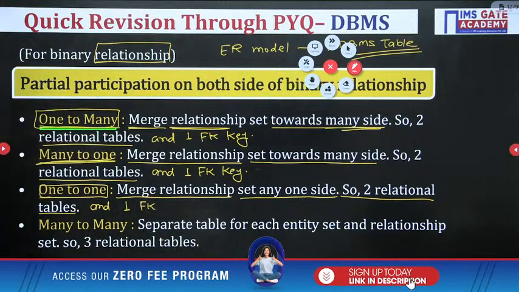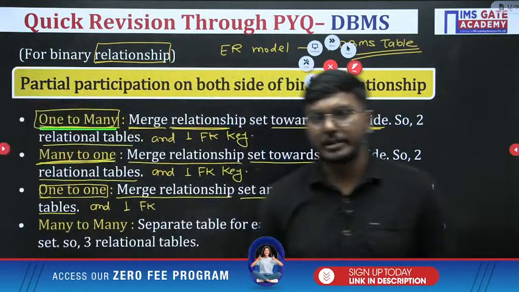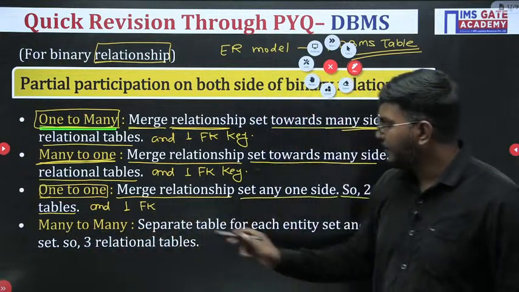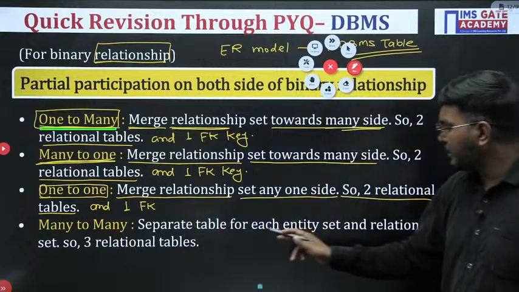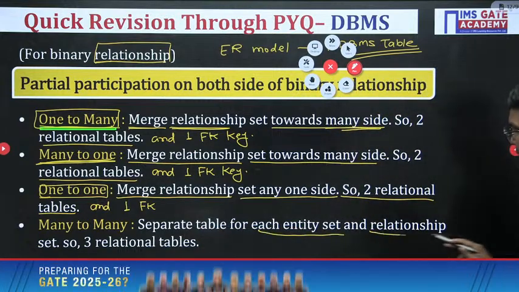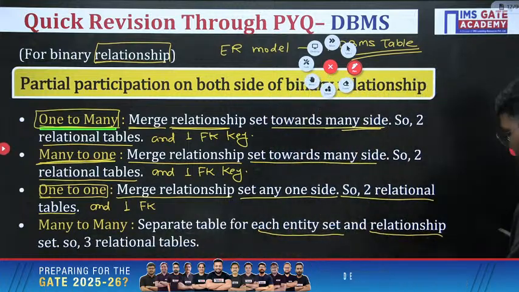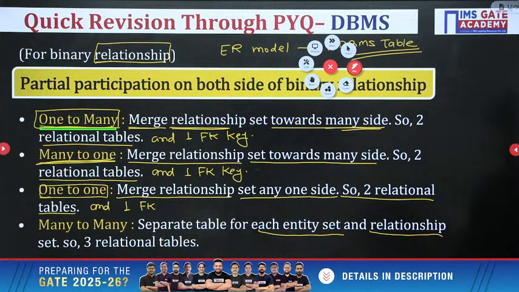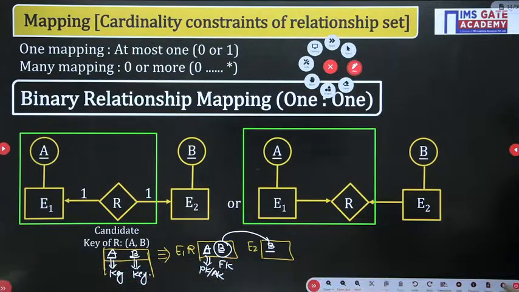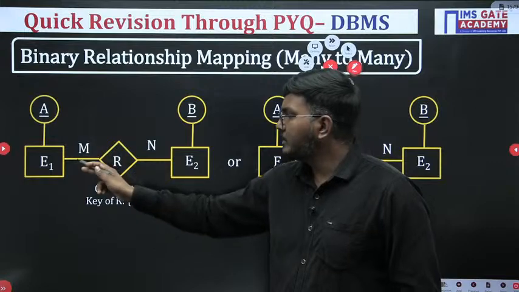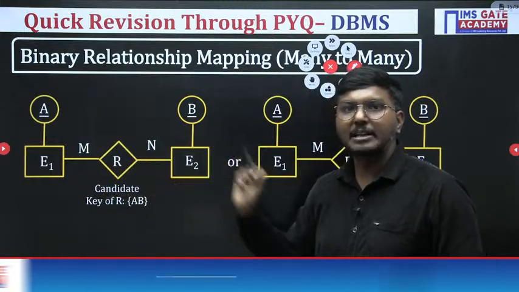Done. Now let's talk about the last one, where the mapping is many to many and there is a separate table for each entity set and the relationship set. If the mapping is many to many, how do we merge here? Let's assume the mapping is many to many and both sides have partial participation.